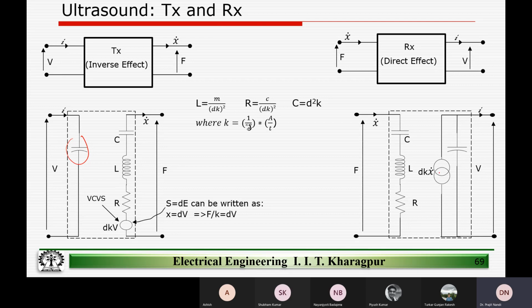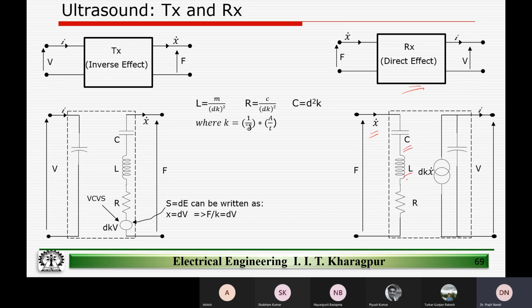For a piezoelectric crystal, if we apply a force, charge will be accumulated across the plates of the capacitor, across the terminals of the piezoelectric crystal. So essentially, how we are modeling this two-port network for a receiver is that we are creating a displacement x dot, and of course the same capacitor, inductor, and resistor.